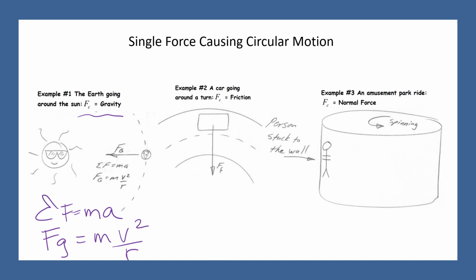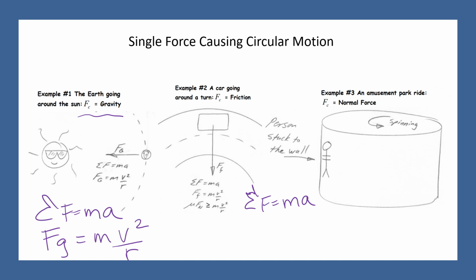So friction, that's the direction it would be in if you are turning in a circle or a curve on a road. And then again, I'm going to start with my sum. Okay, so my net force is going to be equal to ma.